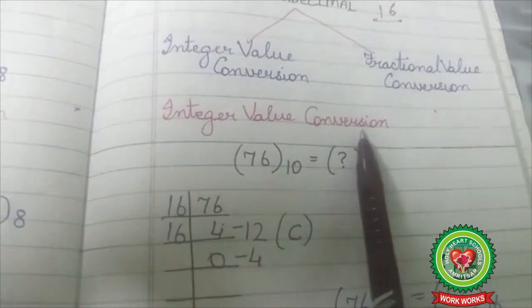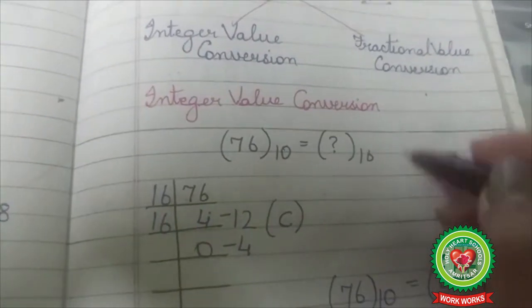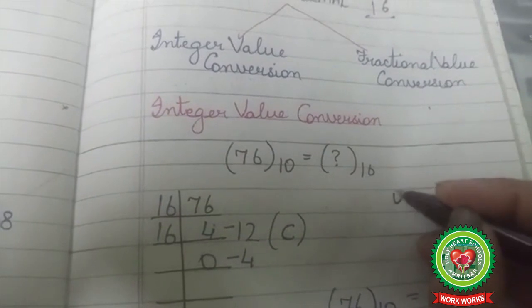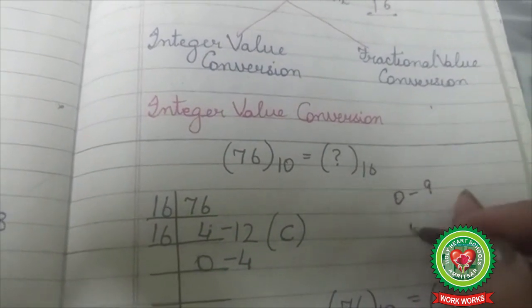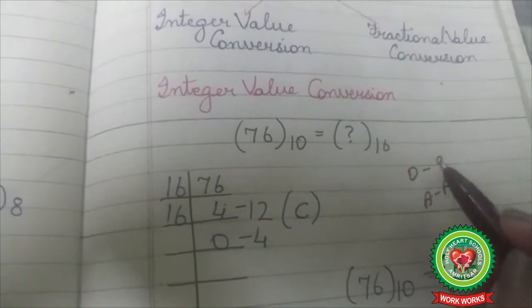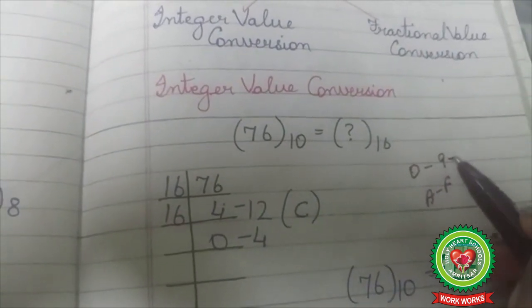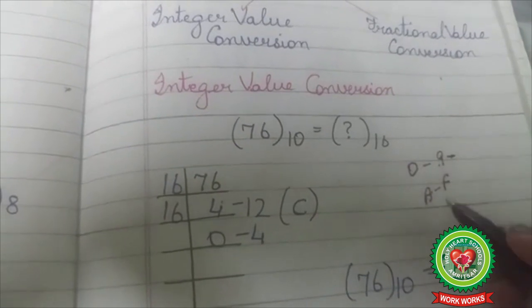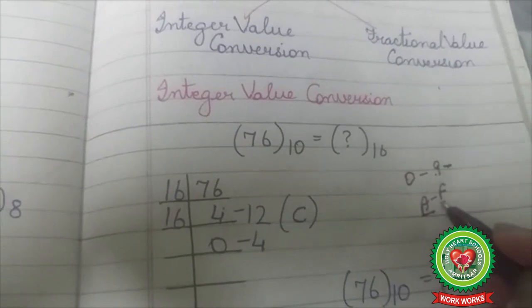Integer value conversion. Students, as you know, in a hexadecimal number we have 0 to 9 and A till F. So if a remainder becomes more than 9, then it will be given an alphabetical value.